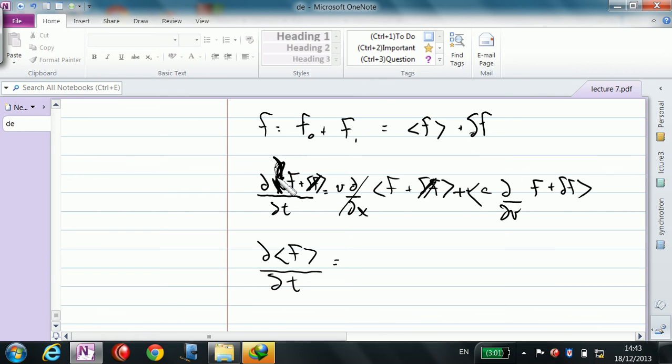When you have an equation, you have to take a time average. The bracket should be outside. I mean, you should take the average over F, no? Yeah.